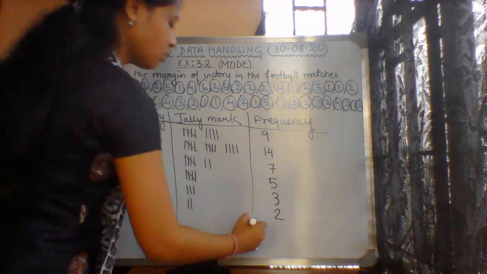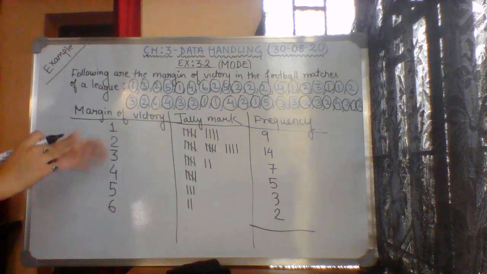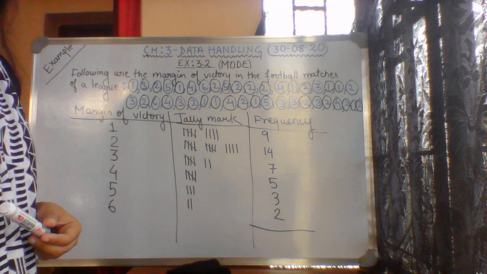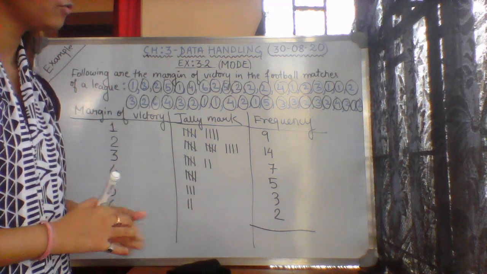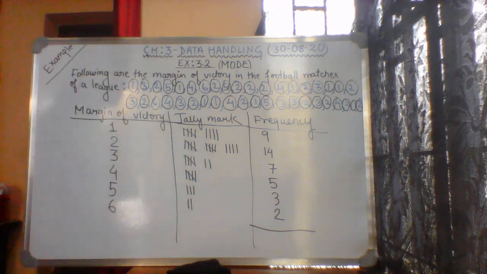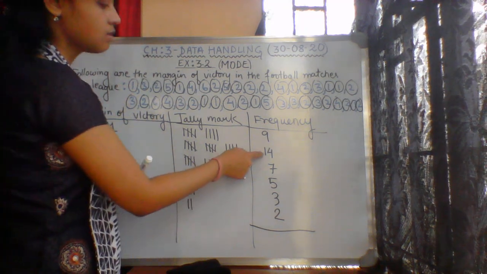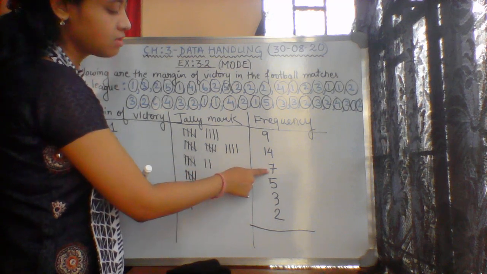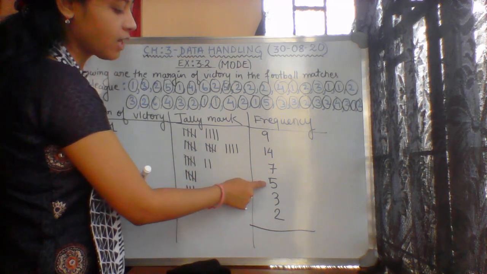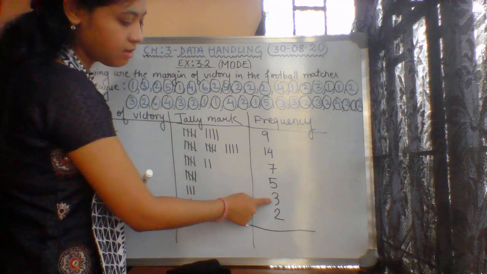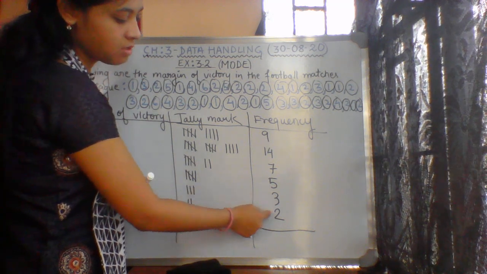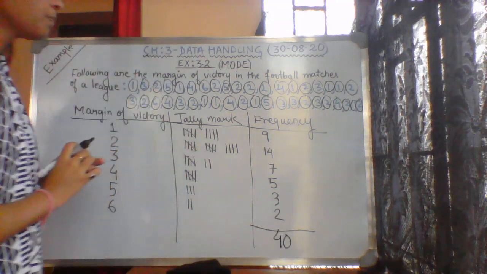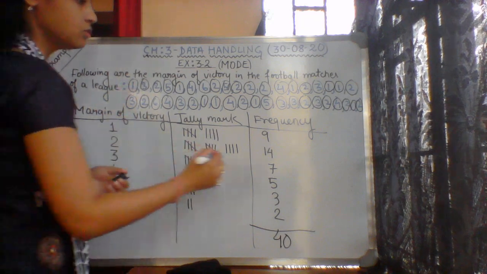So once you count also total, since 40 observations are there, you calculate whether 40 observations are there or not. Yes, 14, 9 plus 14, 23, 23 plus 7, 30 plus 5, 35 and 38, 40. Okay, so 40 observations. So we have written all the numbers. So once you have to check.